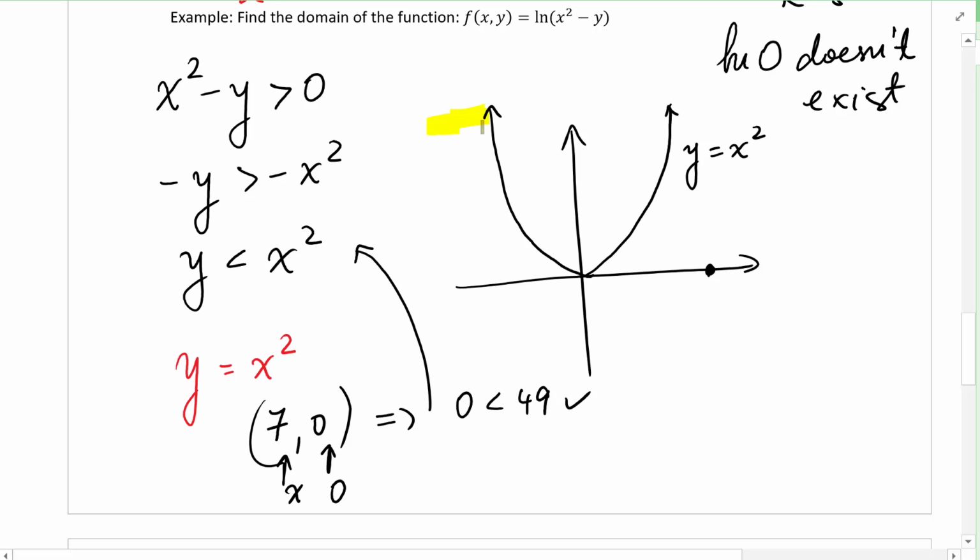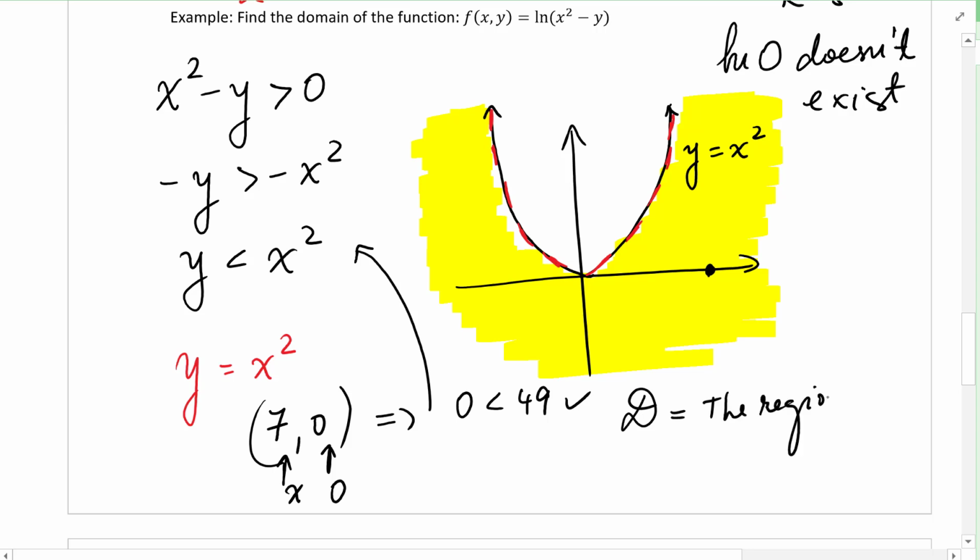That means the domain is all the points outside our parabola, not including the parabola. So I'm going to dash this line, just to reinforce the fact that the points on the line are not included. So the domain is the region outside the parabola y equals x squared.